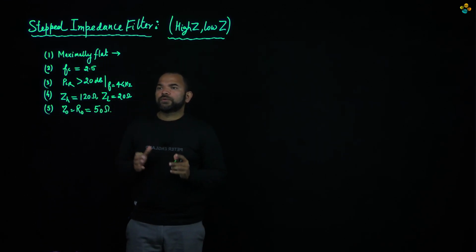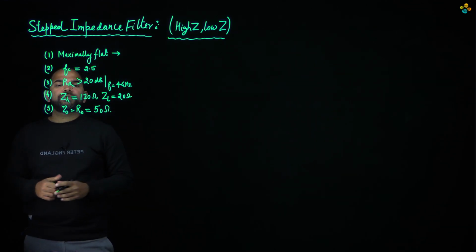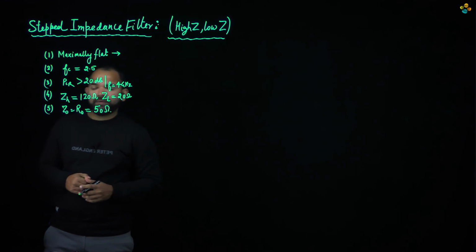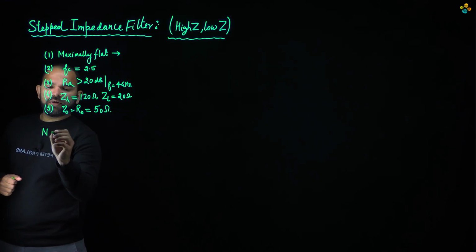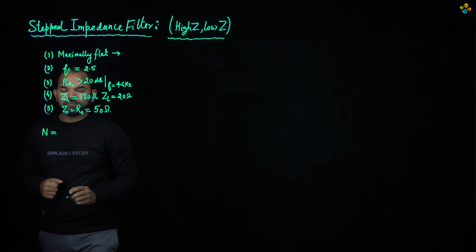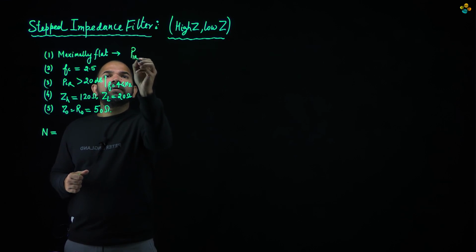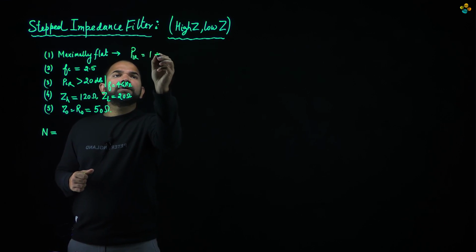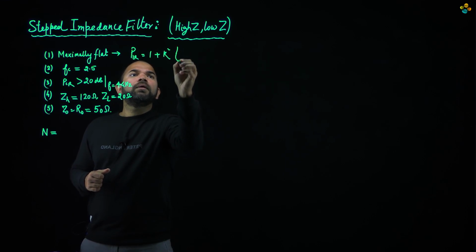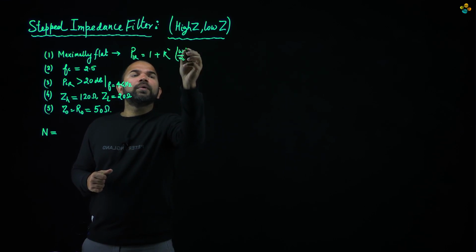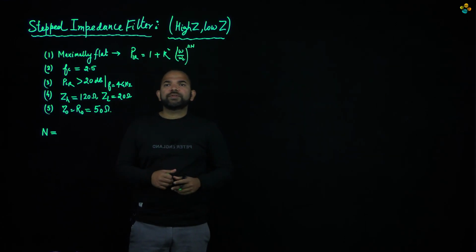Okay. So the first step to solve this kind of problem is to decide the order of the filter. So let's have a calculation for the order. We know that for a maximally flat response, the PLR is given as 1 over k squared, omega upon omega c to the power 2n, where k is the proportionality constant.